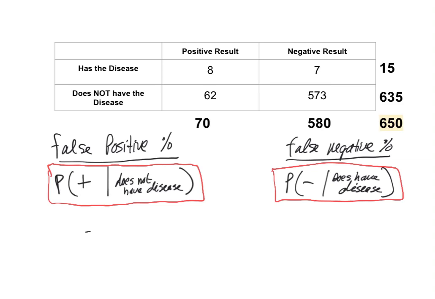So when we consider all of those who do not have the disease, there are 635 people who do not have the disease. That's kind of the given, right? We take the given and we write that as our denominator. And out of those individuals, the number of people who had a positive result were 62. So this is 62 out of 635.